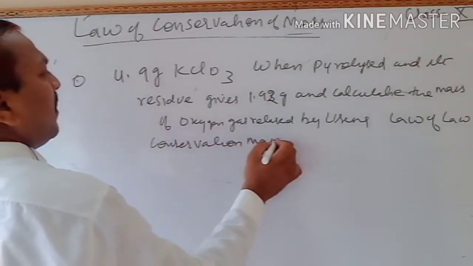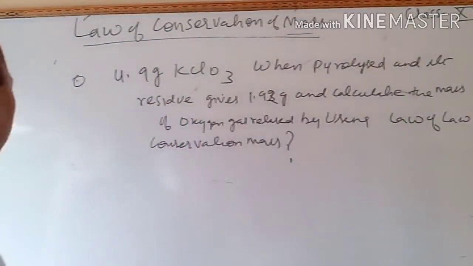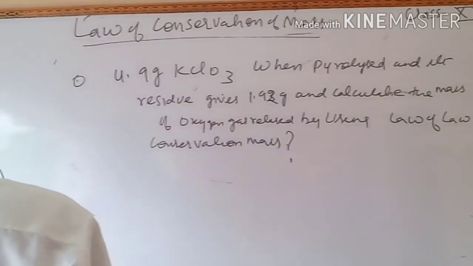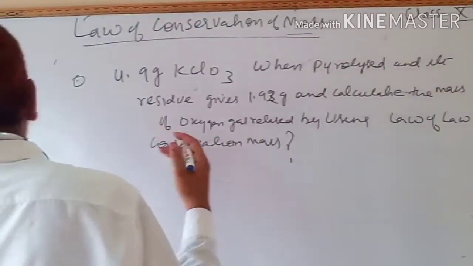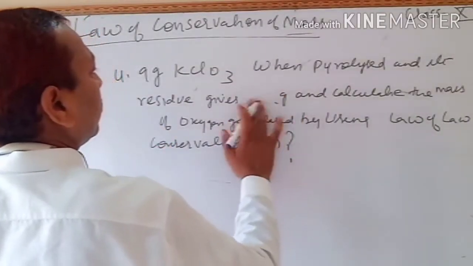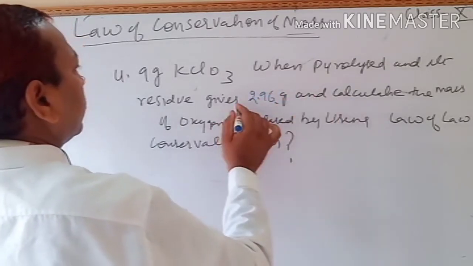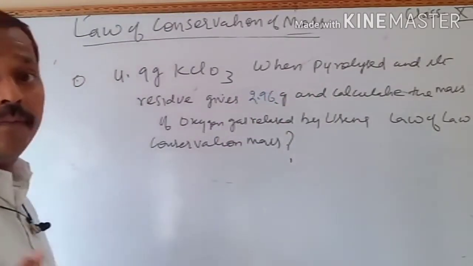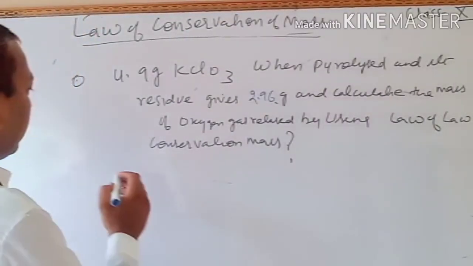So this is a numerical problem, 4.9 gram. Okay, so children, very simple it is. 4.9 gram we will take, right? So it is producing 2.96 gram residue. Now, before attempting this question, we need to write a chemical reaction.